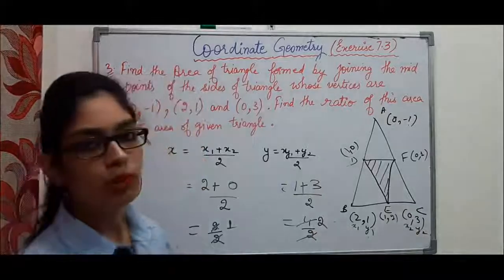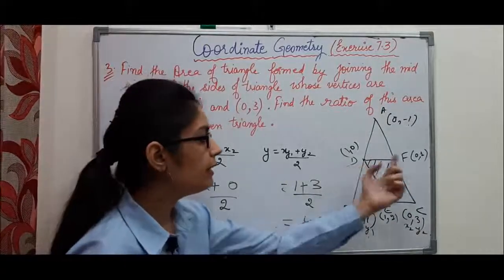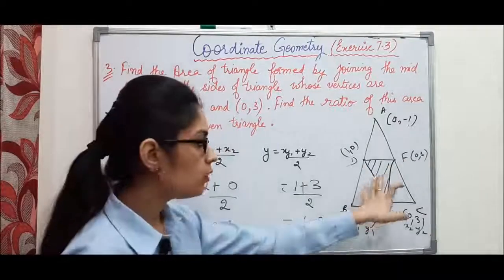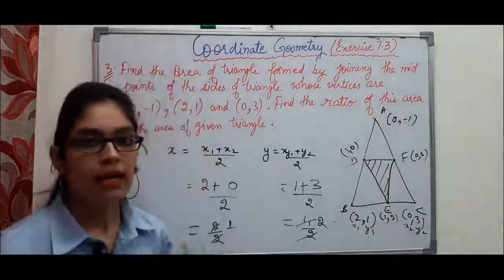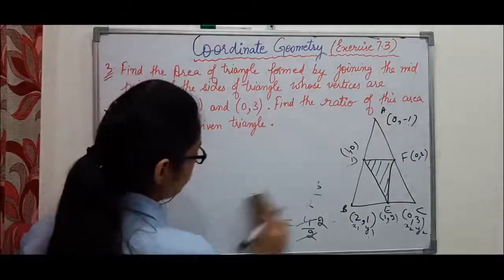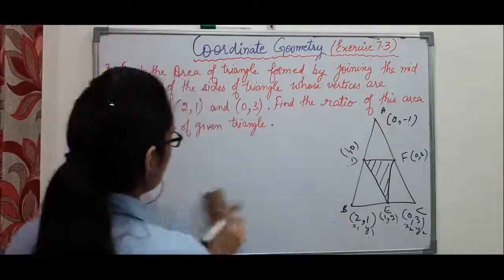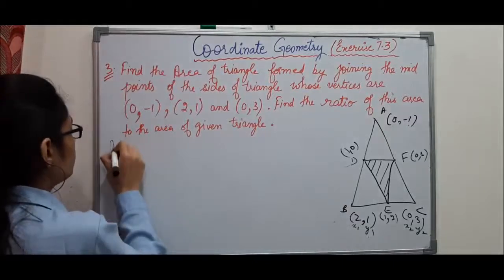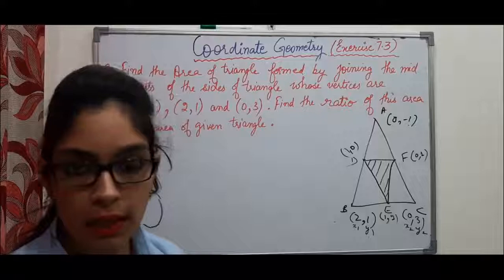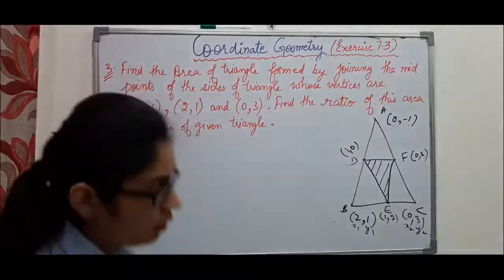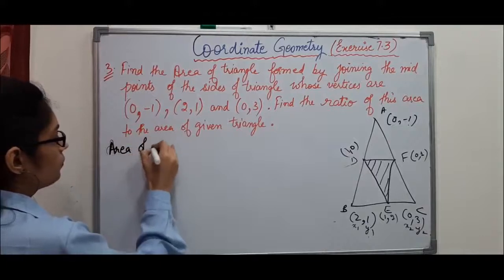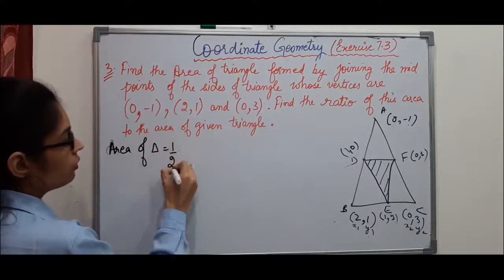Now I have the coordinates of point D, E and F, or I can say I have the coordinates of the vertices of this triangle, for which I have to find the area. So now let's try to find the area of this triangle. So area of triangle, the formula which we have learnt just now, same formula we will apply. So area of triangle, it is half.